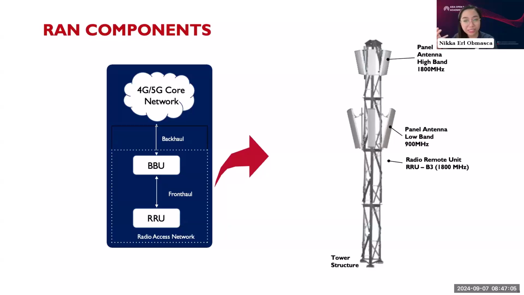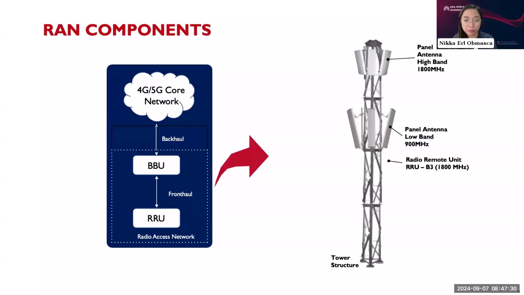So it is typically made up of multiple antennas that are placed at different heights on the tower structure to provide coverage to different areas. So iba-iba yan, iba-ibang size ng antenna, iba-iba rin yung sinuserve ng mga antenna natin, iba-ibang kinds of technology.